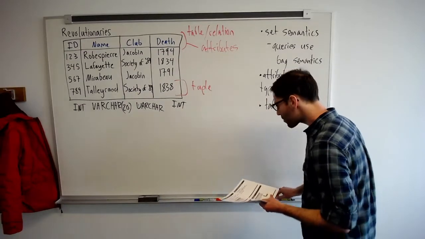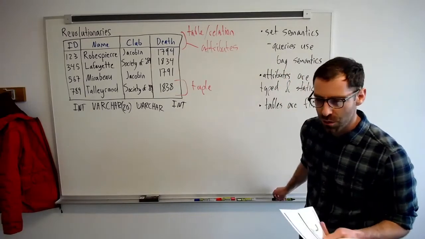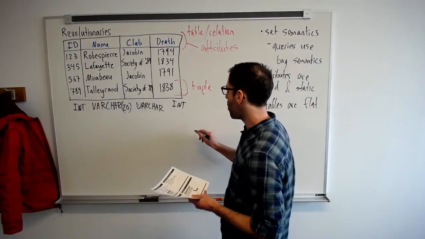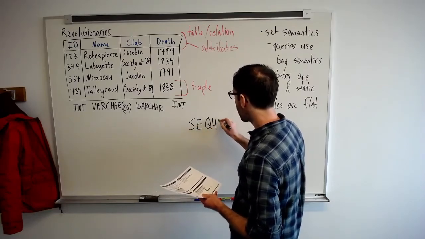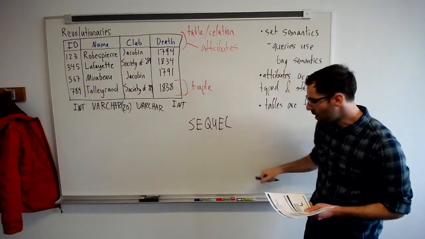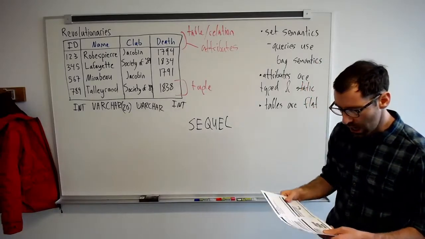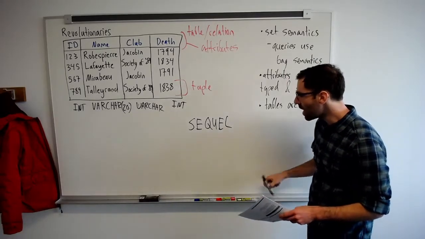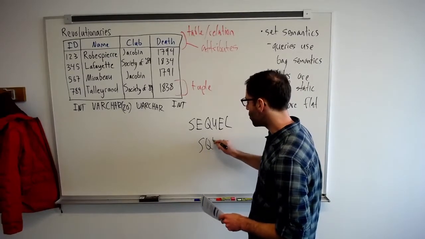All right. So our main topic for today is what was originally called the structured English query language, or SQL. This has been around a while. I think it was originally developed at IBM, and it has been shortened since to just SQL.